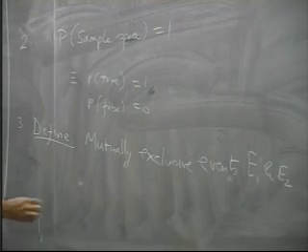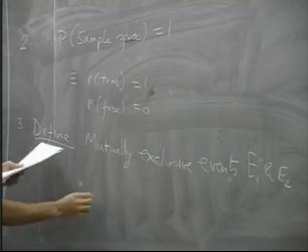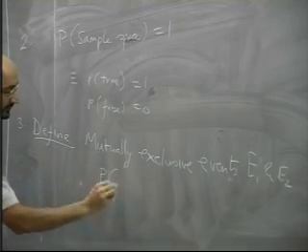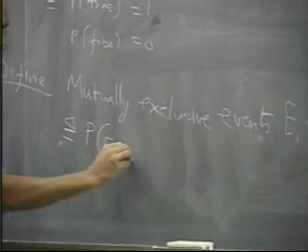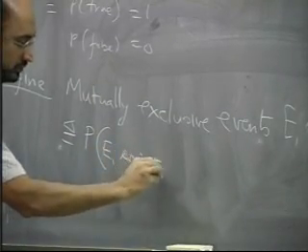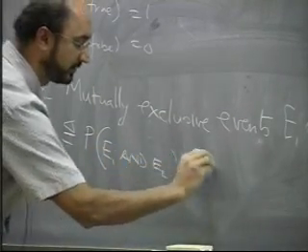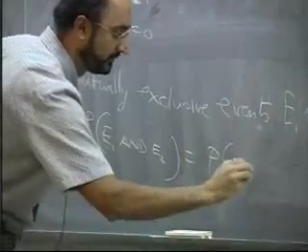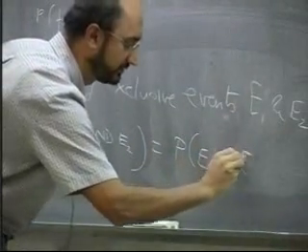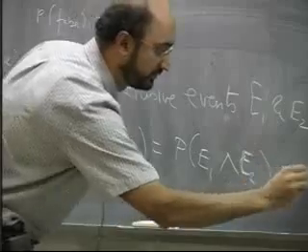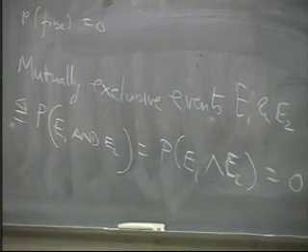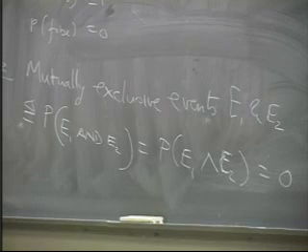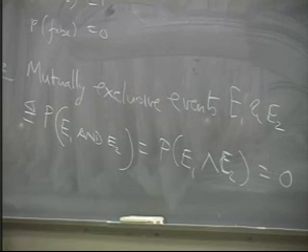And so what we say in the third axiom is that the definition of mutually exclusive is that the probability of E1 and E2, which is also written as probability of E1 intersect E2, that's just some notation, equals 0. Okay. And I think in the notes there I said E_I E_J equals 0. What I really meant to say was probability of E_I and E_J equals 0.